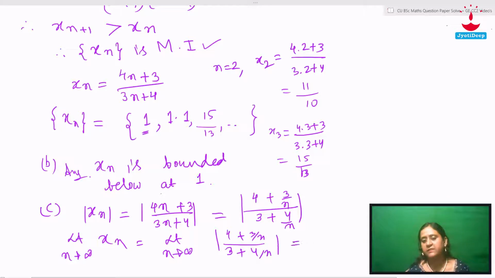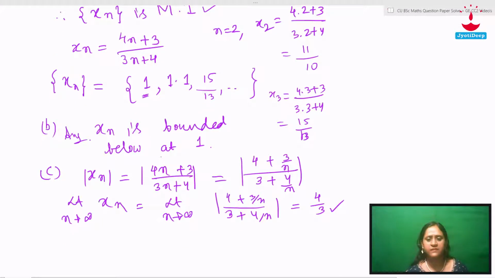This is equal to 4 by 3, because 1 upon n, n is infinity, so it will become 0. Okay. So the sequence is convergent. Okay.